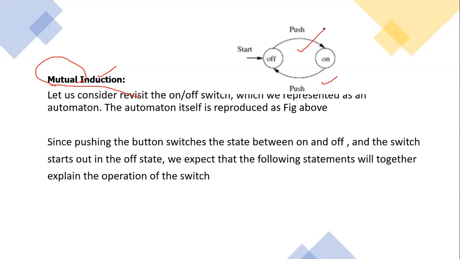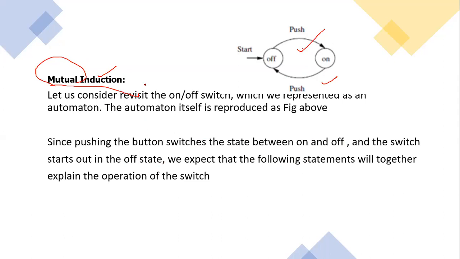Next you do the same process, it will be on. Okay, this is mutual induction. This is the example for mutual induction with the help of an automaton diagram. Both operations explain the operation of the switch. So this is mutual induction.